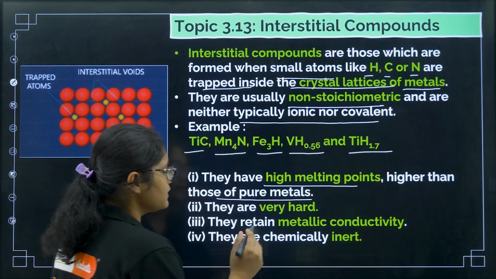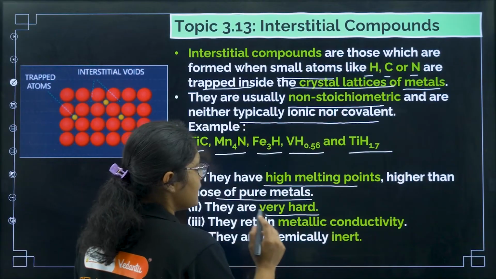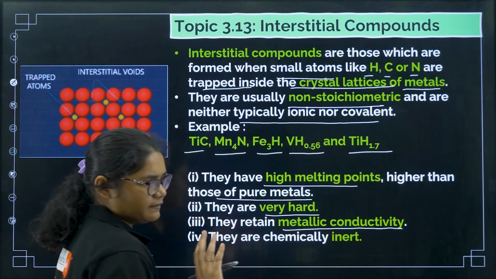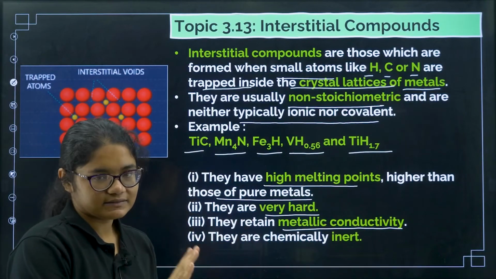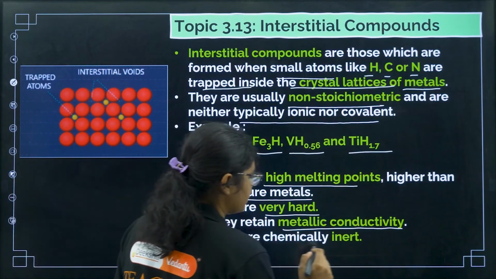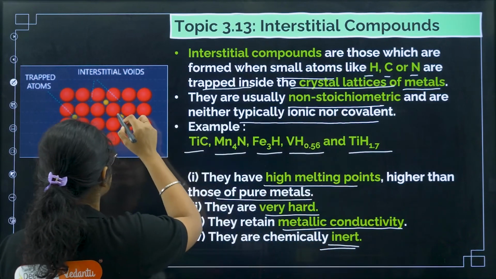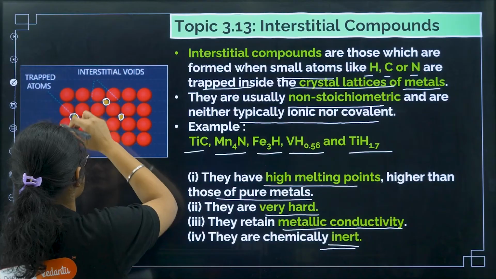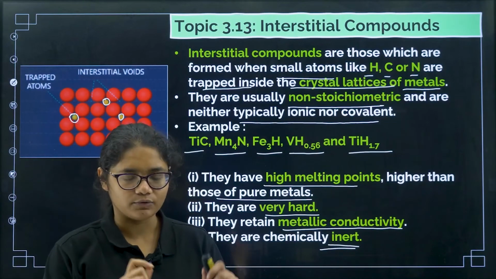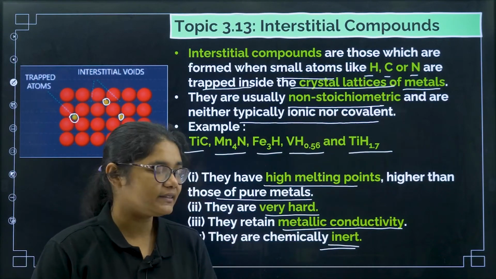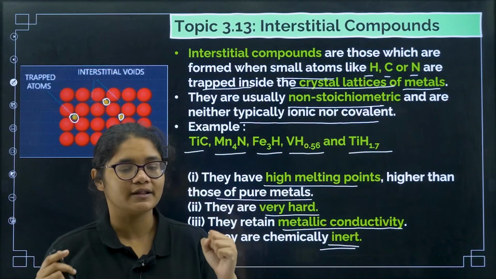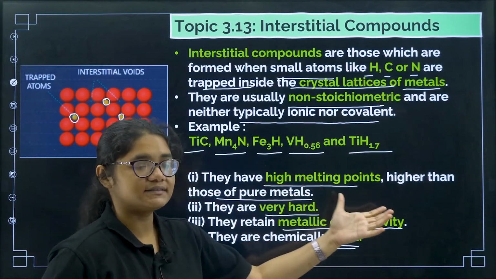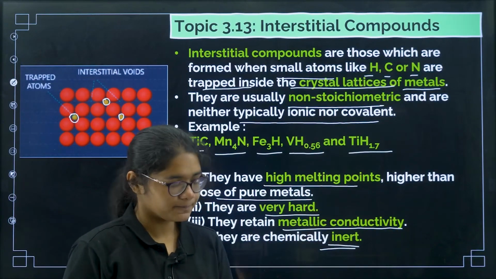Second, they become very hard. Then they retain the metal conductivity, so whatever conductivity is there is not affected in any way. And they are chemically inert. The atoms which get inserted do not disturb the reactivity. The only thing they do is make the metals harder and stronger, and increase the melting point of the metals.